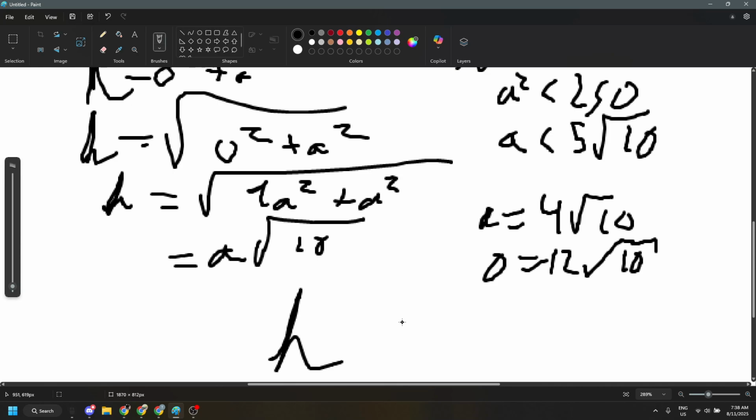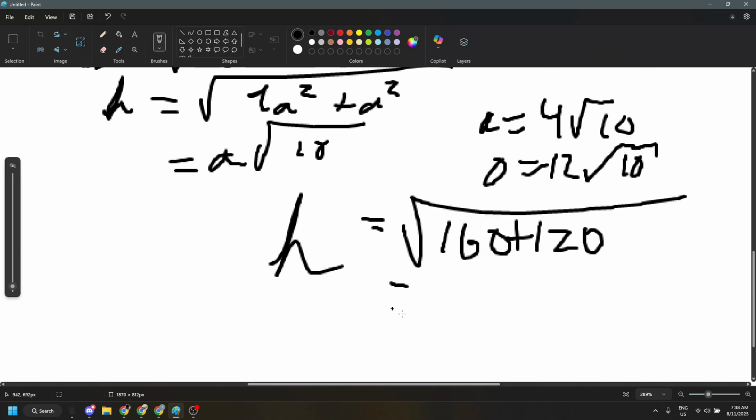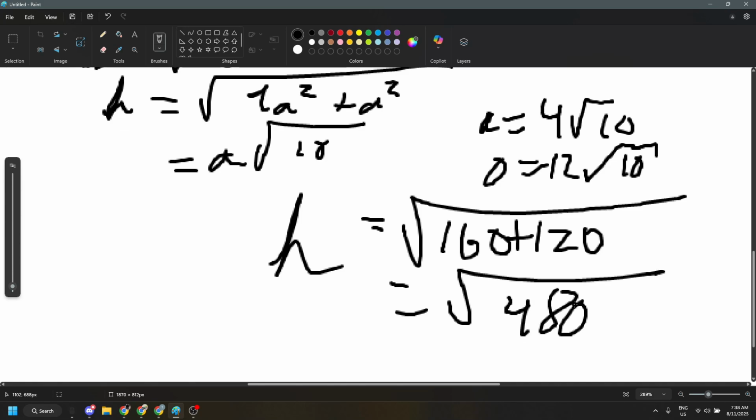Let me just think. So if I say H is equal to the square root of 160 plus 120, that is the square root of 480. Wait, this isn't a square number. Oh, this is because that needs to be 100.